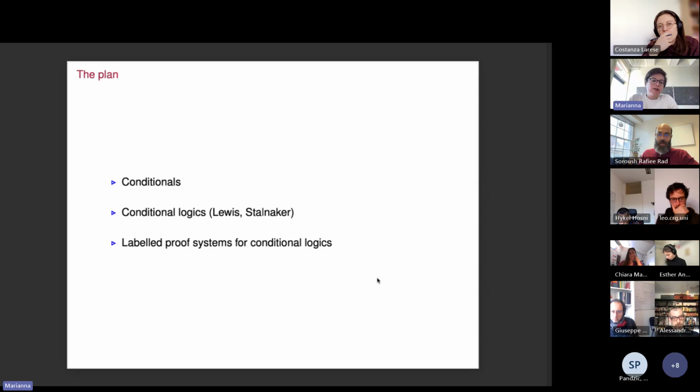So conditional logic as a kind of modal logics, and conditional logics for which we can give a possible world semantics or Kripke semantics. And then in the final part, we will look at our labeled systems for conditional logics.